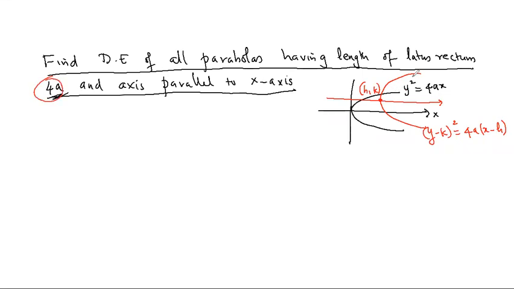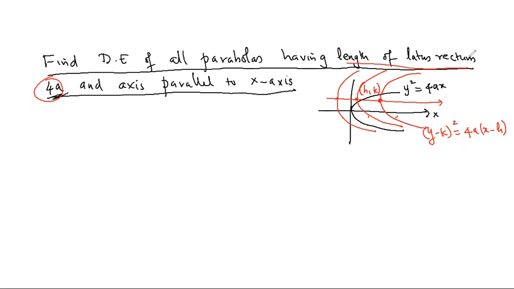That means whatever parabola I'm drawing, their shape will be the same, but different. Like this, I can get one more parabola, but every time this 4a remains the same. So 4a is not varying. What is varying is the vertex. Therefore, h and k are the arbitrary constants. Did you understand this? 4a is not an arbitrary constant because the length of the latus rectum, 4a, is not changing.